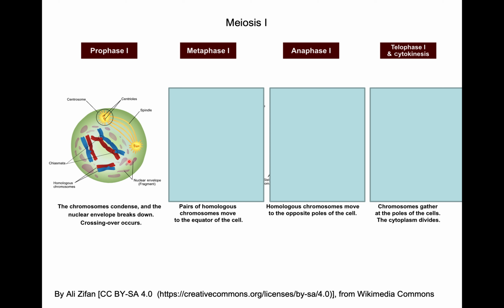But what you notice is that chromosomes are paired up. And not just any chromosomes pair up, it's actually homologous chromosomes that pair up. So in this example, we have 3 pairs of chromosomes. So this cell starts with a total of 6 chromosomes, which are 3 pairs.